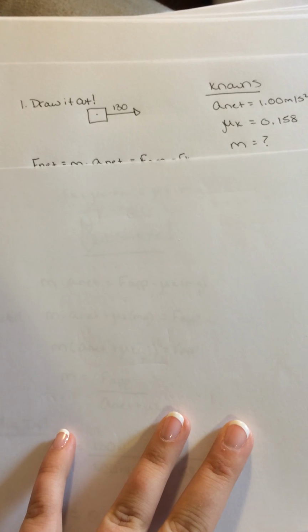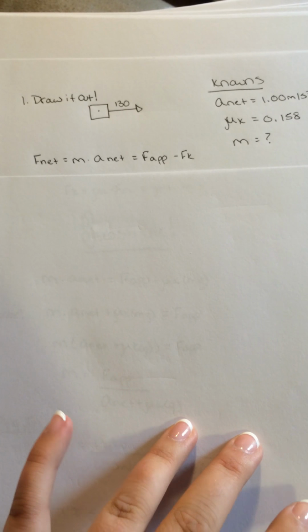If you looked on the front of those practice problems, there was a formula that they used, and all they did was use Newton's second law. So we have the net force equals mass times net acceleration. What we also know via substitution is that the applied force minus the kinetic force also equals the net force.